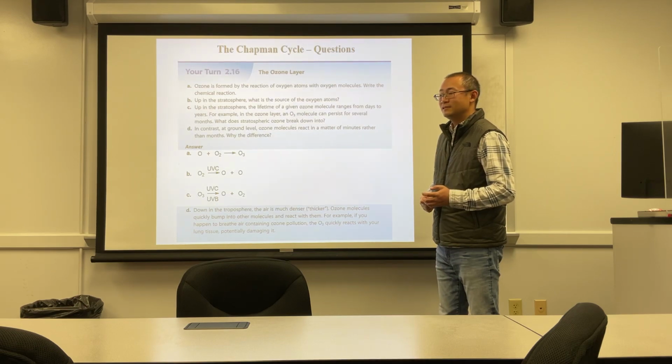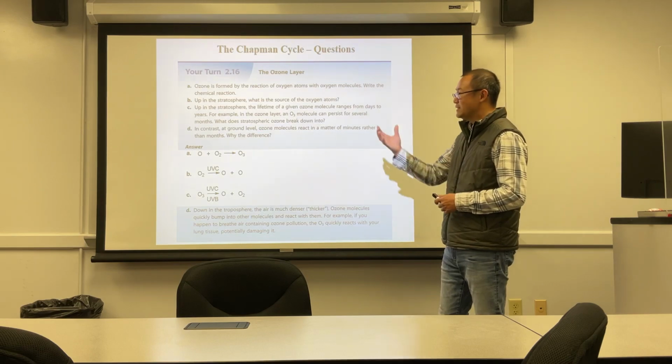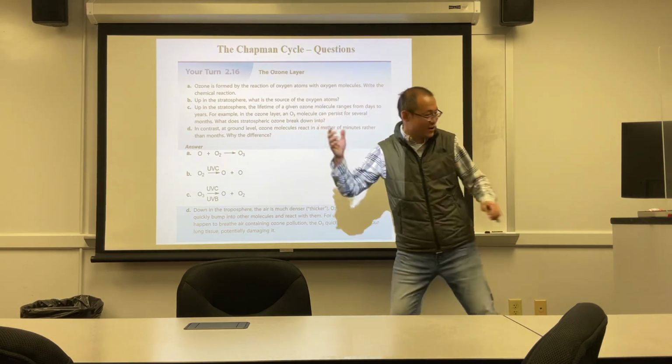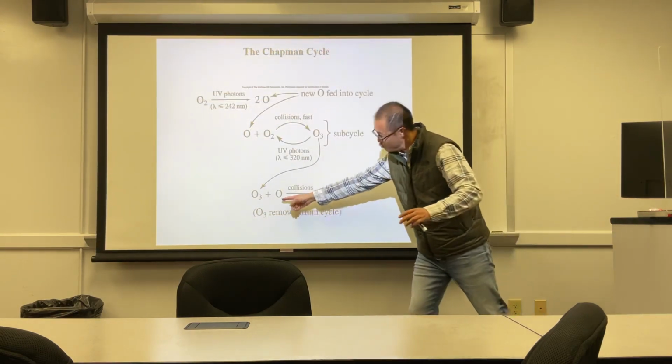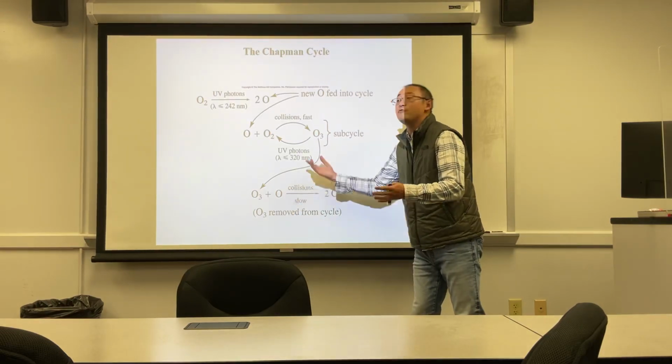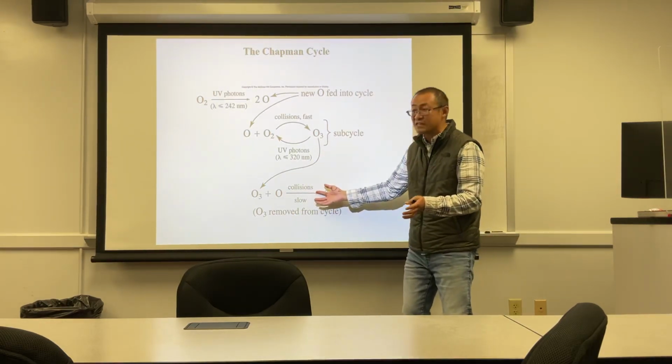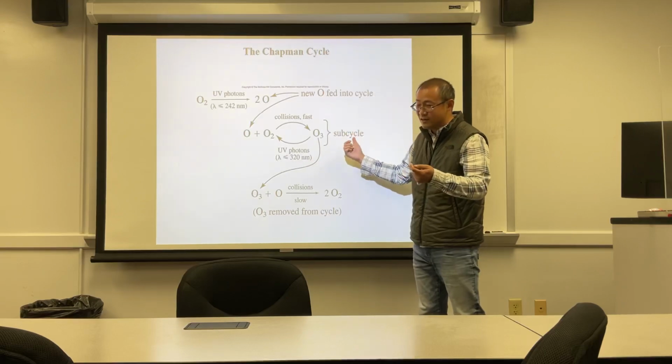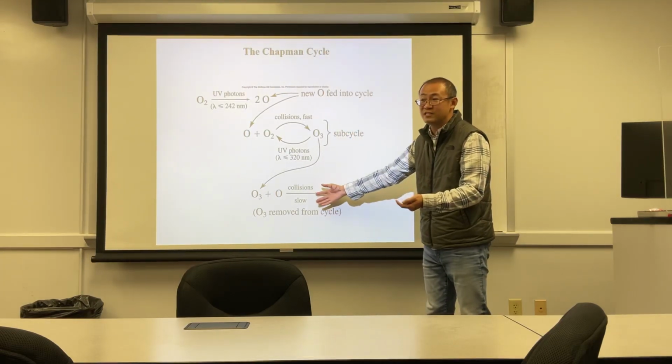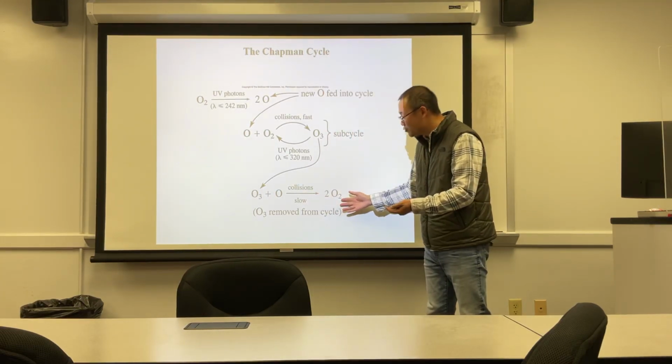So we said the ozone here reacts with O to get removed, and we say this process is slow. And the question mentions the process takes months to remove ozone.